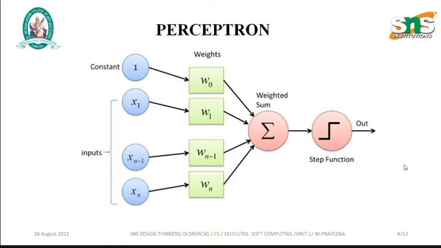After that, there is a step function called the activation function. Once the activation function is applied, the output is reached. This is the working procedure of perceptron for a single layer neural network.